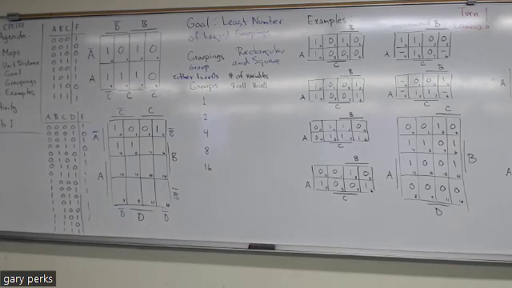That's going to be SOP for... Yeah, so if our output is, say, F, it would be not F. If we look at where the 0s are, it's not F, and if we look at where the 1s are, it's F.